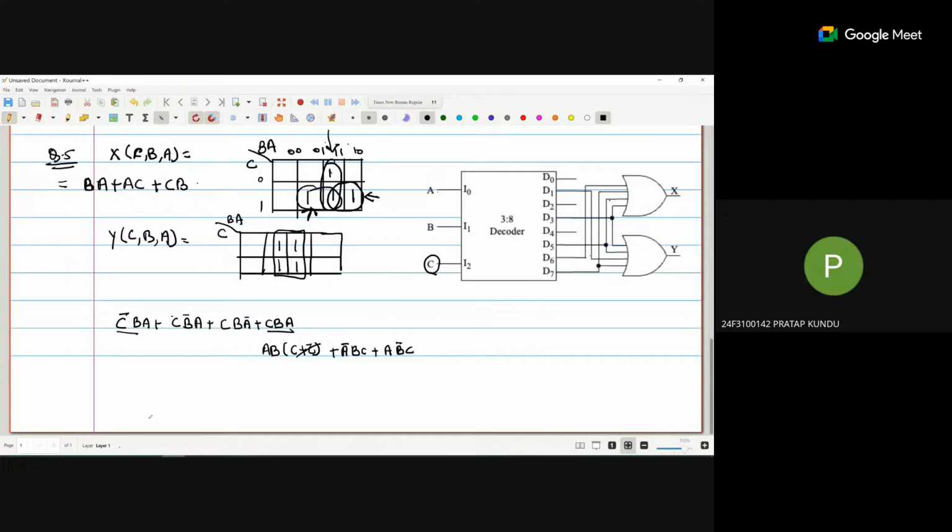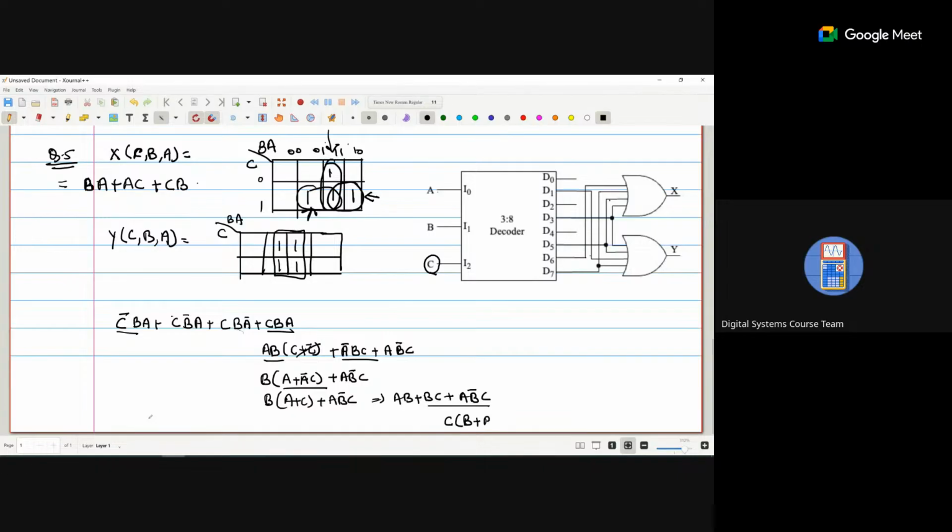Yes, sir. Now from this one and this one I can take B as common. So A plus A bar C plus A B bar C. Okay, so this one is A plus C, times B, plus A B bar C. So this one is the AB plus BC plus A B bar C. Now from these two I can take C as common.